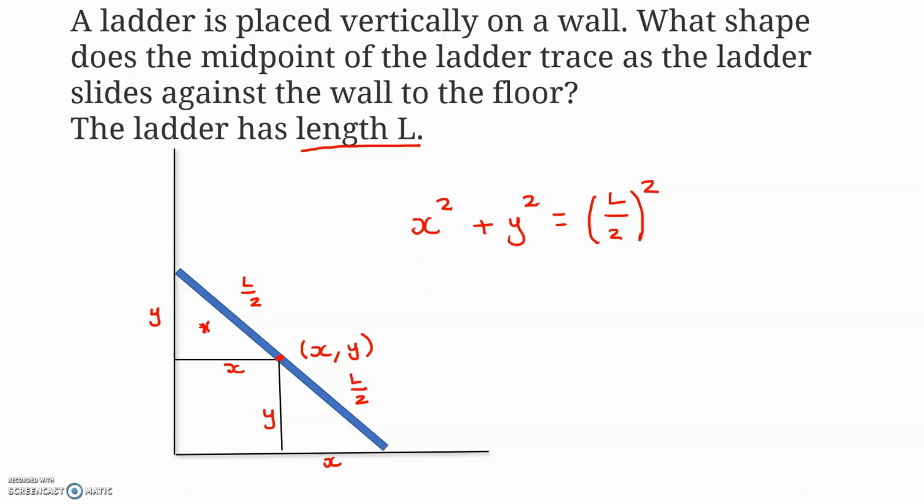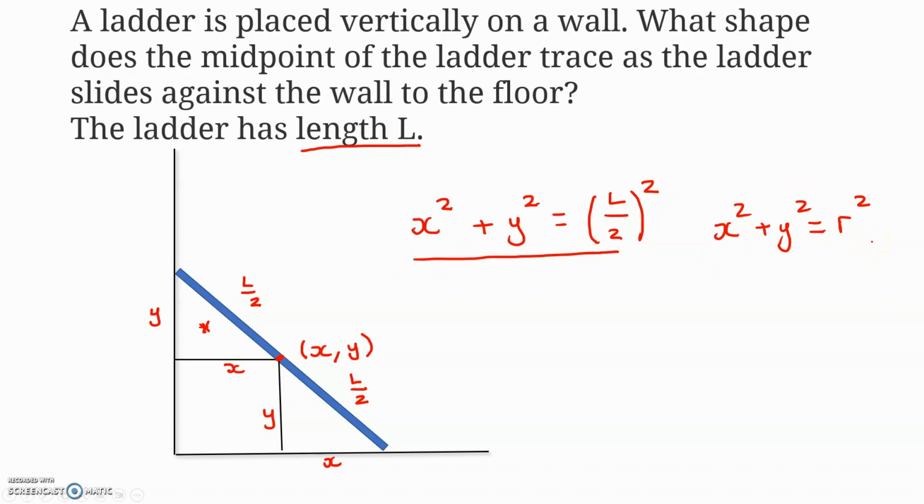Now if you think about what we said in the previous slide, it looks like the midpoint of the ladder will sketch out a circle as it slips down the wall, and the equation we've generated here from GCSE maths is the general equation for the equation of a circle. The general equation of a circle is x squared plus y squared equals r squared, and the equation that we've generated here is in that form.